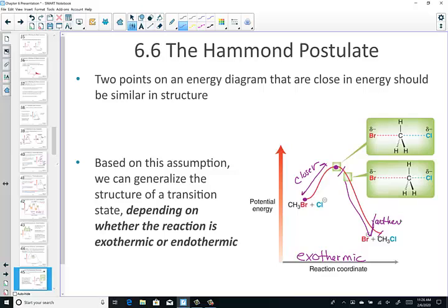So based on this assumption, we generalize that the structure of the transition state depends upon whether the reaction is exo or endothermic. In an exothermic reaction, such as this energy diagram, your transition state resembles the reactants.